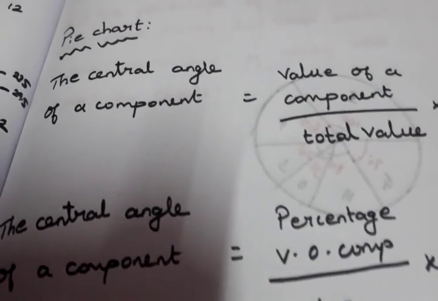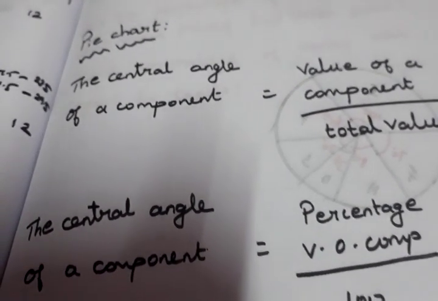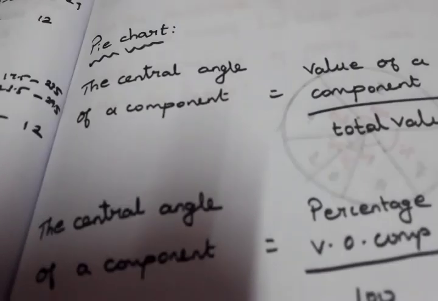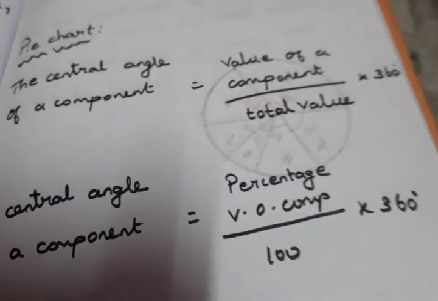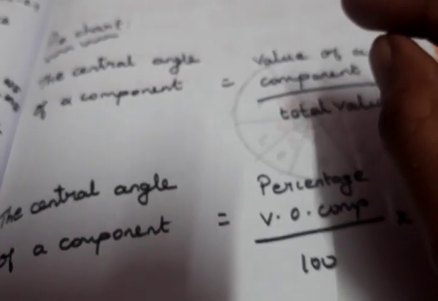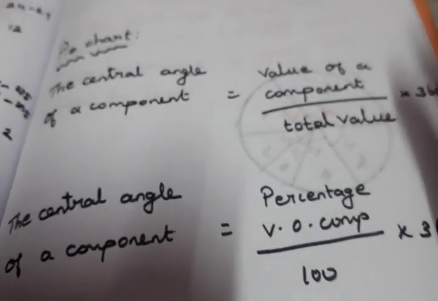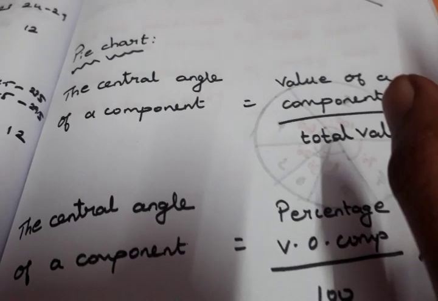Next, the method of constructing a pie chart. In a pie chart, the various components are represented by the sectors of a circle, and the whole circle represents the sum of the values of all the components. The total angle of a circle is 360 degrees.